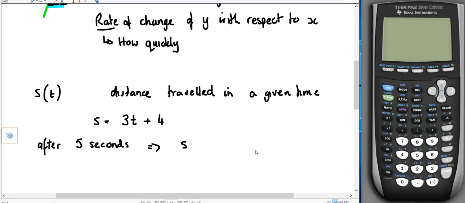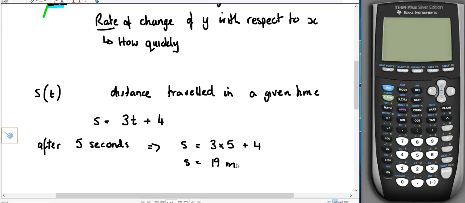S is used for distance travelled. The distance travelled would be 3 lots of 5 plus 4, so that would be 19. It depends what units I've used, so I might say it's meters. So 19 meters in 5 seconds.